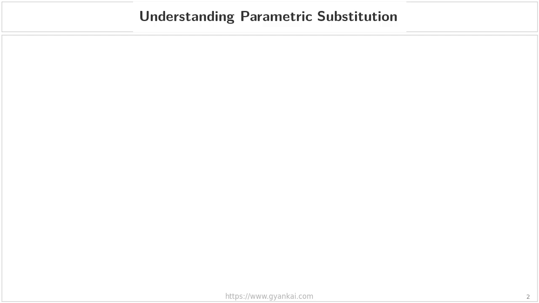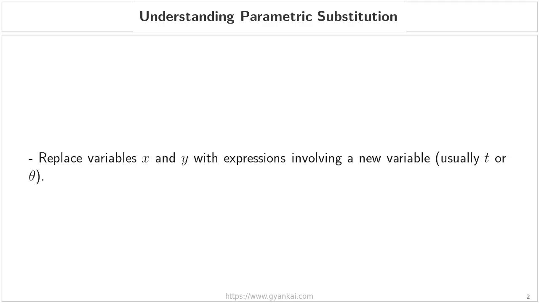Understanding parametric substitution. Now that we have established why implicit equations can be challenging to differentiate, let's look at the actual mechanism of parametric substitution. First, the core idea is to replace our original variables, x and y, with expressions that are defined in terms of a new third variable.